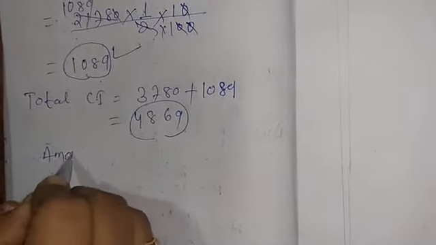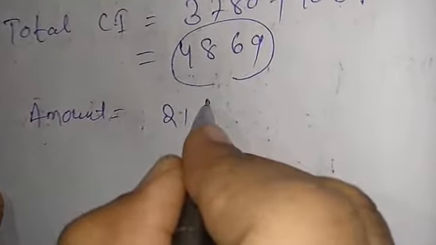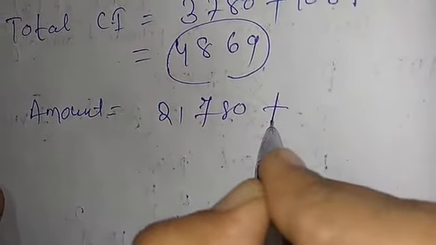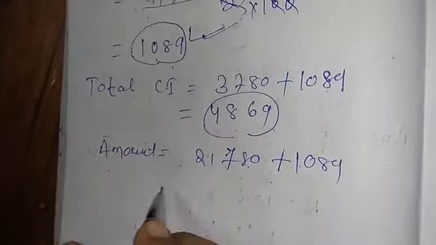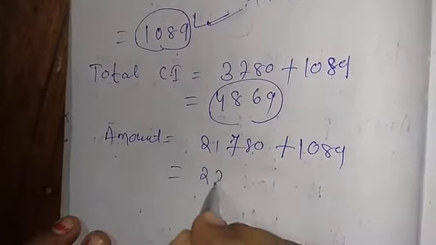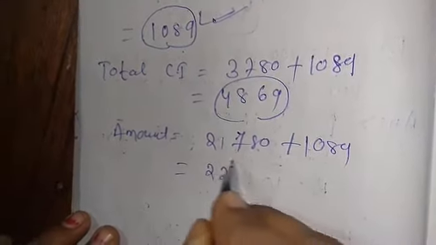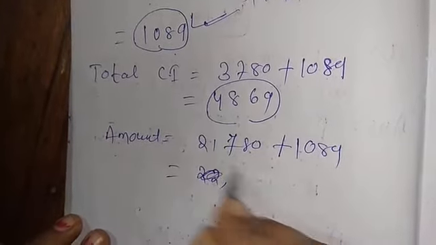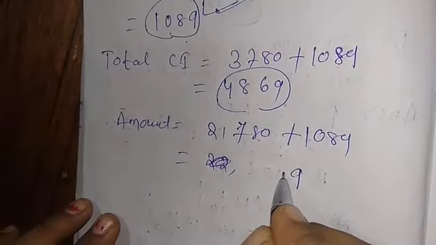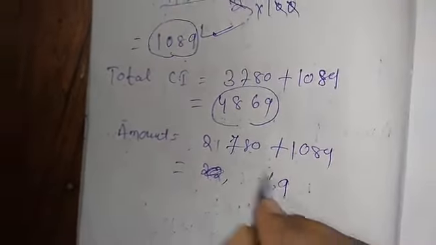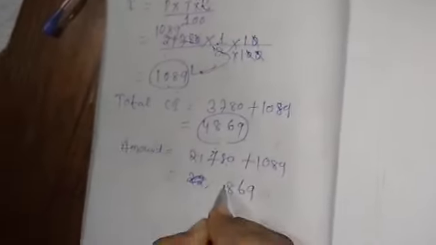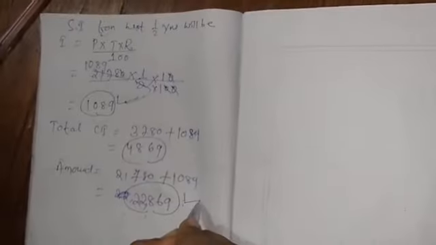So amount equals 21,780 plus this interest 1,089 equals 22,869.